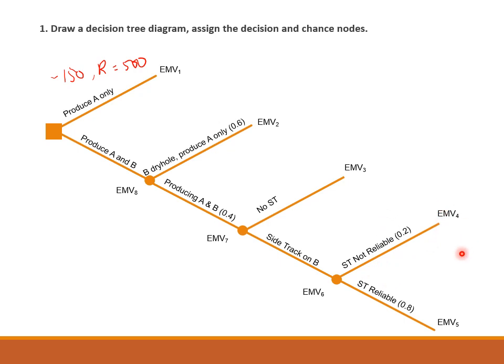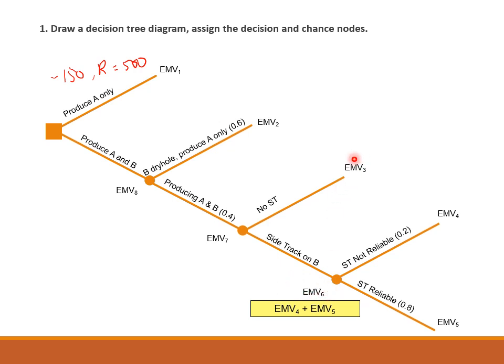So you name all the EMVs at the ends of the branches: EMV1, EMV2, EMV3, EMV4, EMV5. Now all the circle nodes here also have their own EMV. If you add EMV4 and EMV5, it will give you EMV6.